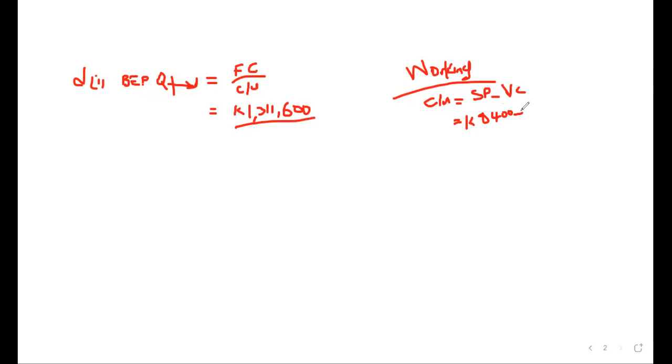Okay, so we less the variable cost per unit. So how many types of variable cost per unit have we got? We've got about 3 types. The first one being material cost per unit, then labor, and the last one was other expenses. Let me just confirm. So for variable costs, we have 3 types: material, labor, and expenses.